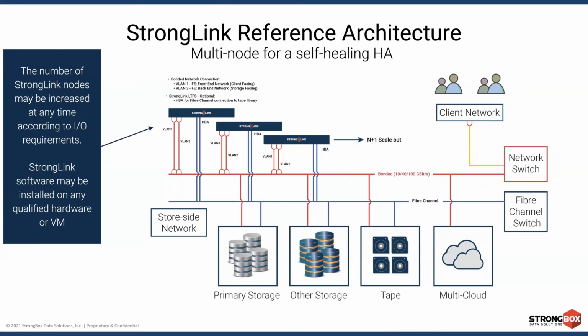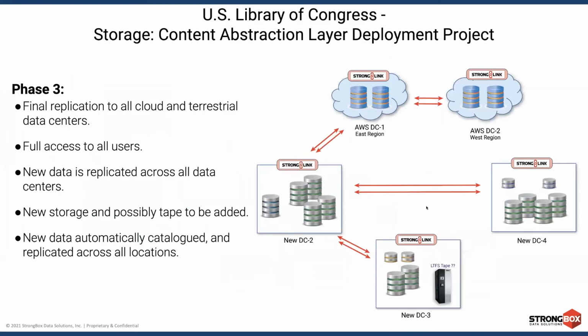In use cases similar, the US Library of Congress, for example, is using StrongLink, and this is primarily media files. Their entire media library, many, many, many petabytes of data, where StrongLink was used to consolidate 50 different data silos and aggregate this into a new data center.